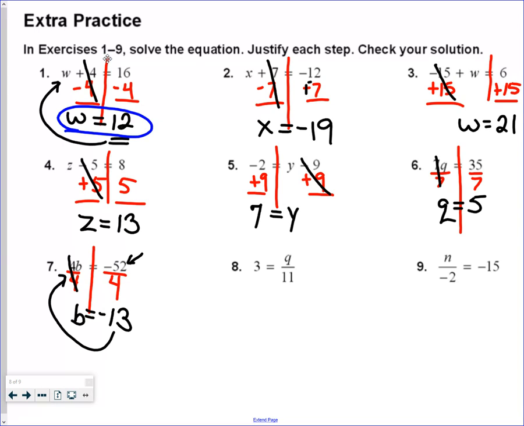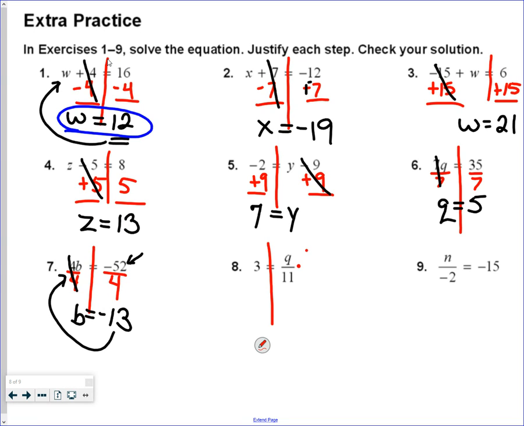Now, the last 2 problems here imply division. This is how I want you to do this, please. I don't want you to write times 11 down here. Nope. We want to think back to that reciprocal or inverse. So the right side is saying Q divided by 11.